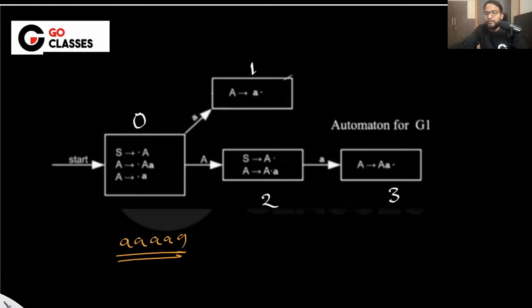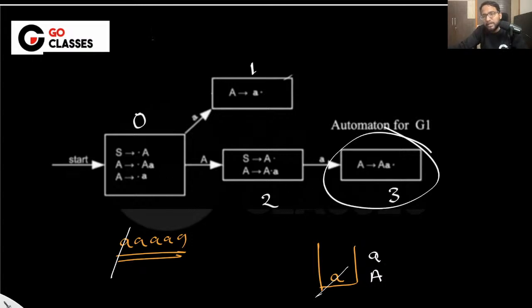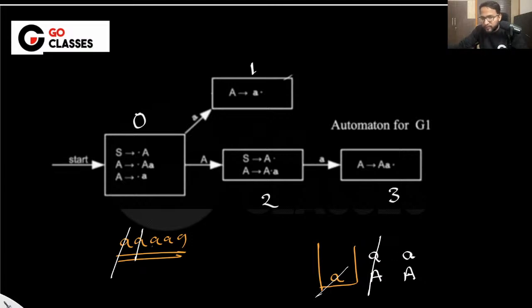In the stack, you will be pushing A. You will check, okay, on this A, I will reduce this to capital A. Then you push another A, capital A small a, and on capital A small a you go to state number 3, and here also you reduce. Then again you see one more A, push it, right? Every time you see one more A, you push it.